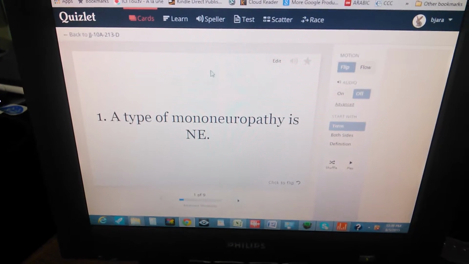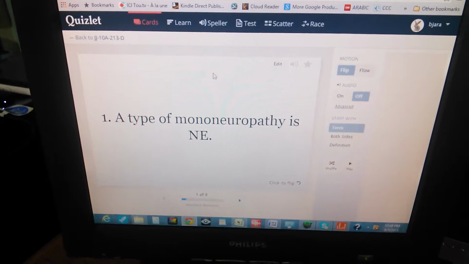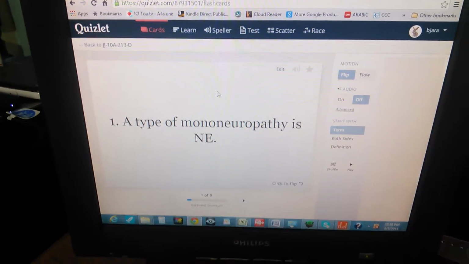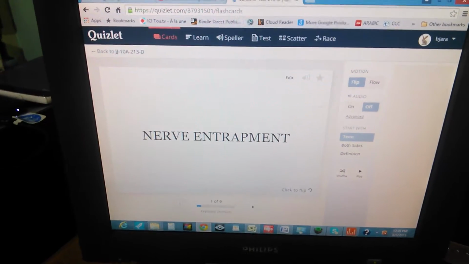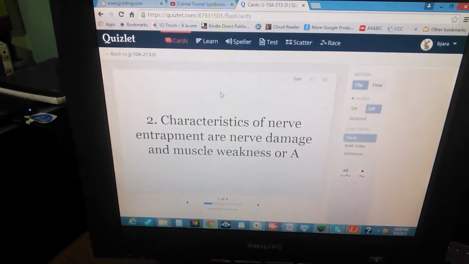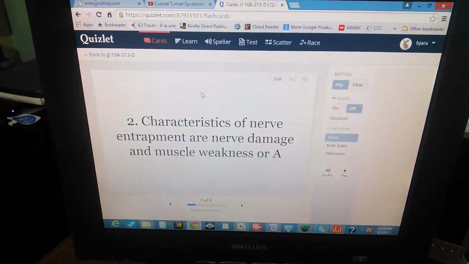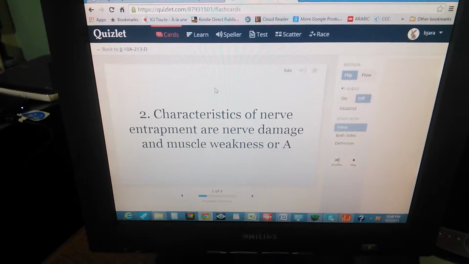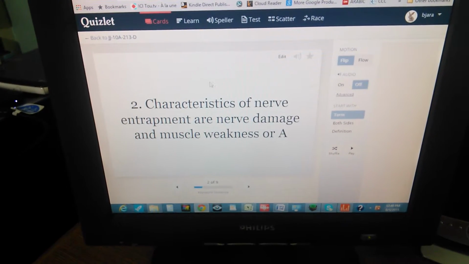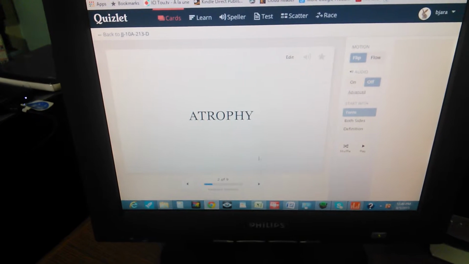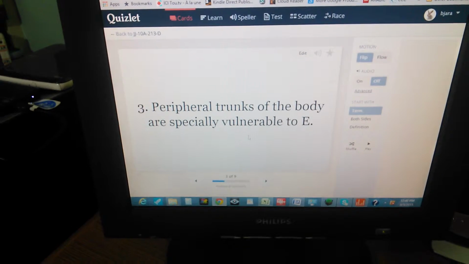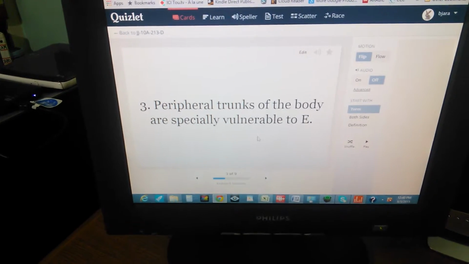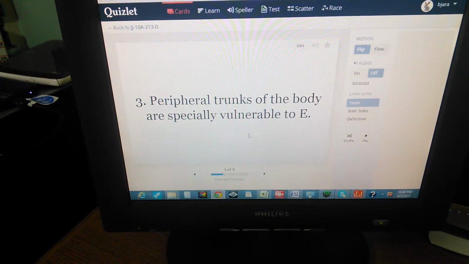So, a type of mononeuropathy is NE. Nerve entrapment. Okay, next question. Characteristics of nerve entrapment are nerve damage and muscle weakness or A. Atrophy. Next. Peripheral trunks of the body are especially vulnerable to E. Entrapment.